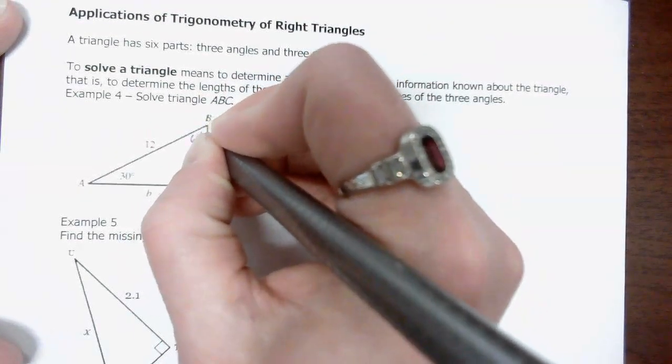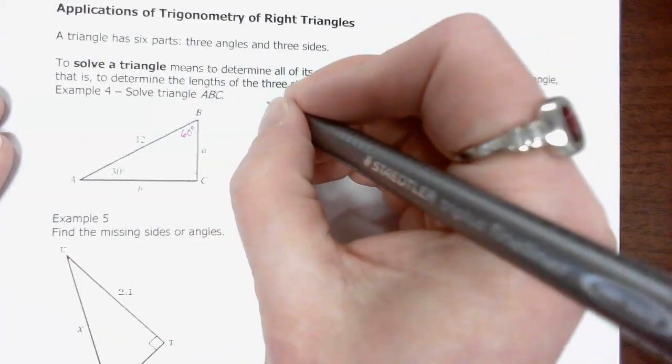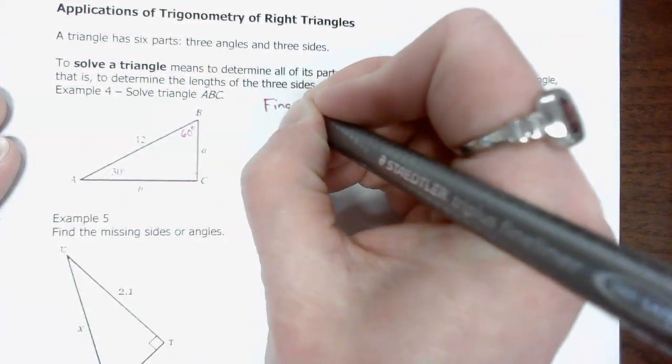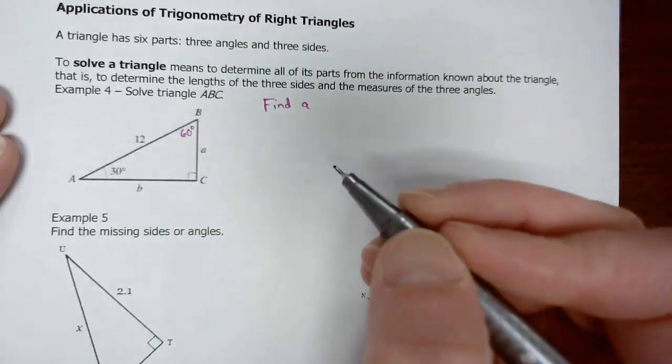Now, I'm going to pretend like I don't remember the rules we just reviewed and use the fact that that's a 30-degree angle. And first, let's find side A. So notice I can't use Pythagorean theorem because I only know one side.